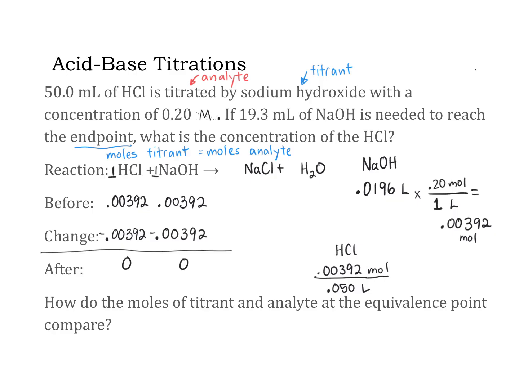So if I take moles divided by liters, that will give me the molarity of my HCl, which I found to be 0.0784 molar HCl. And that is the concentration of the HCl. We have answered our question. Hopefully you see that it's very similar to our use of molarity from a previous chapter.